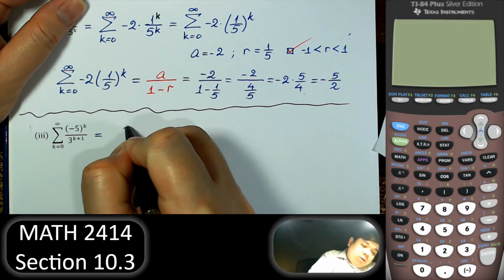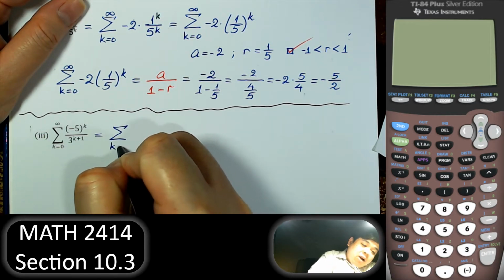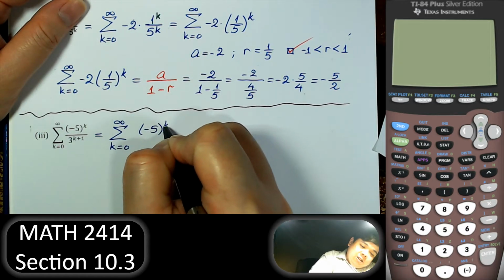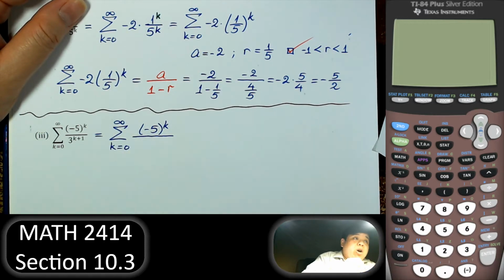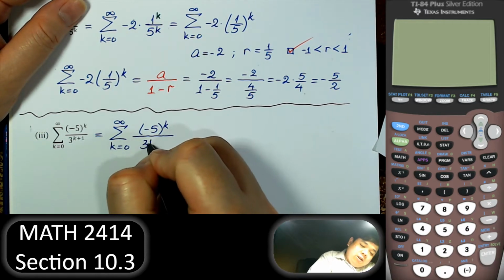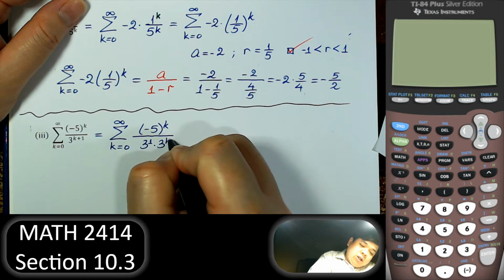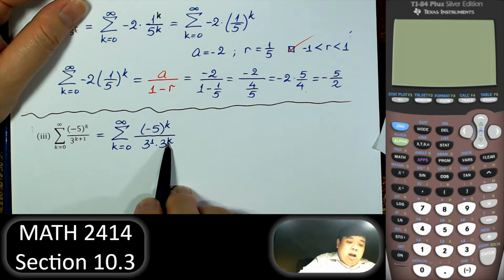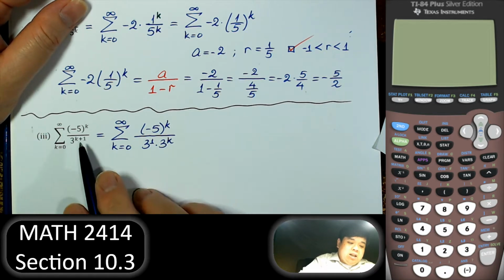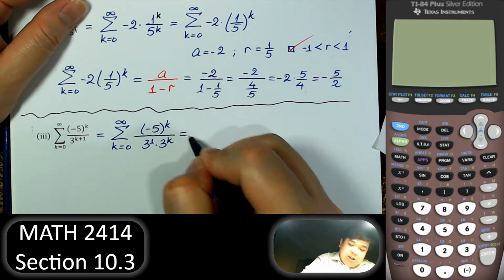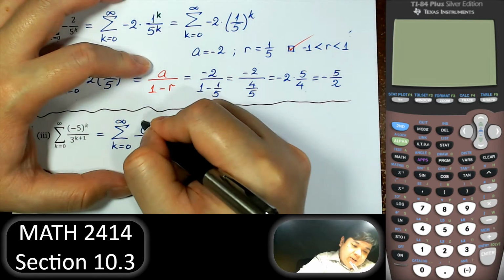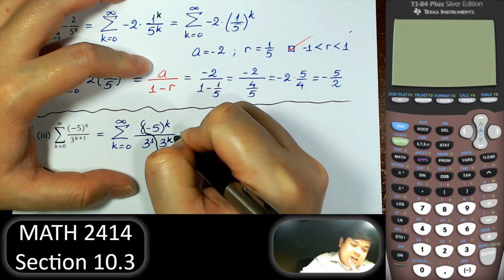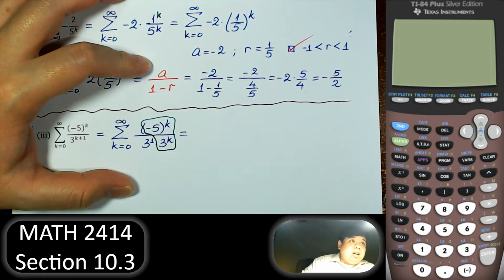Now we try to keep everything in the k power. So here, if we want to split, we can say 3 to the first times 3 to the k, because when we multiply the same base, we add the exponents. 1 plus k gives us that. Now, since both of these are under the power of k, we bring that inside the power of k.